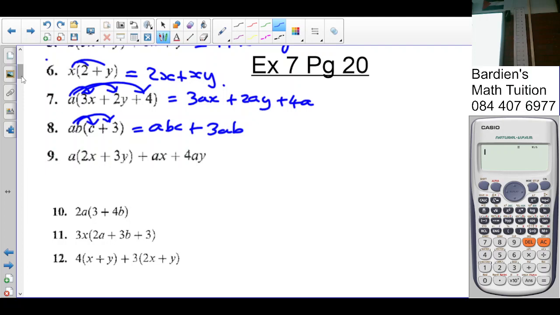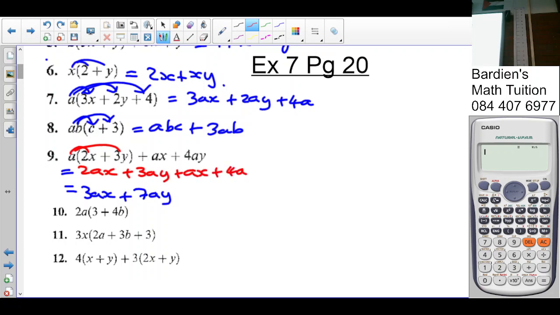Right, who's next? Yes? What's your answer? 3ax plus 7ay. Who got that answer? Right, that's correct. How did you get that? You multiply this in first. 8 times 2x is 2ax. 8 times 3y is 3ay. Plus ax plus 4ay. So what do we do now?